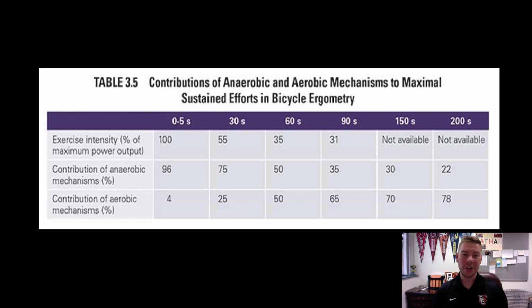Okay, so I know that I've taught you these different energy systems kind of in silos, right, individually on their own. However, it's very, very important that you understand that it's not just one system or the other, okay? It's actually all systems working together all the time.